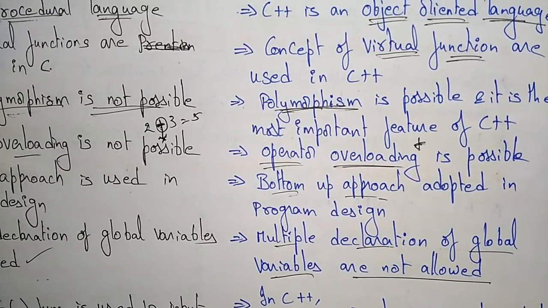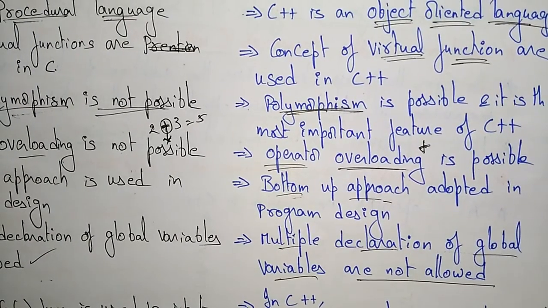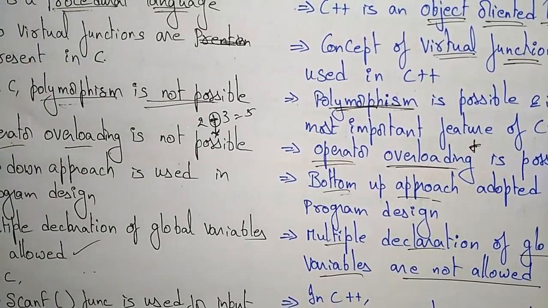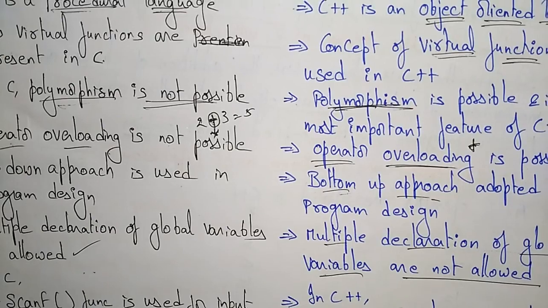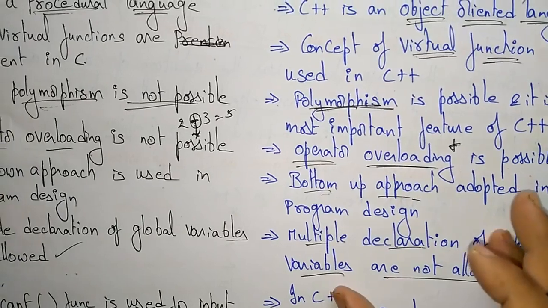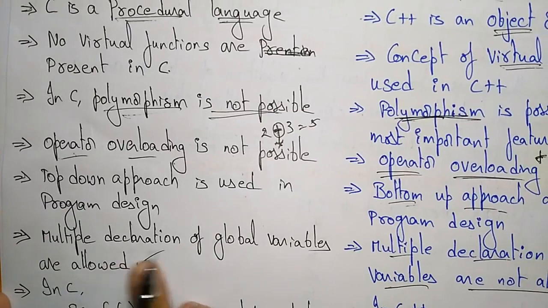Once you declare one global variable, it can be accessed with different values in different functions in C++. Whereas C itself allows multiple declarations of global variables.